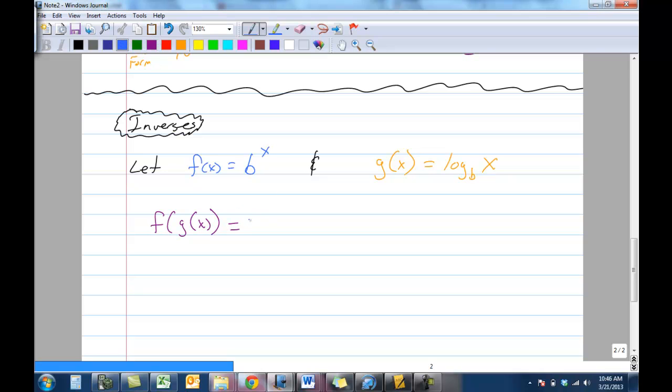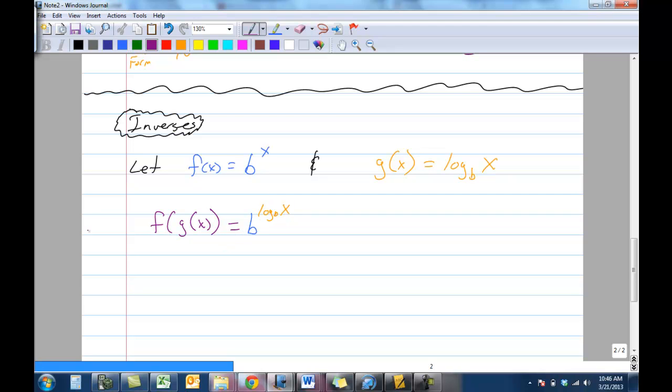What would f of g of x be here? Well, f is running the show, so that means it's b to the x power. So we're going to change our x. What's going to be the exponent here? The exponent is going to be log base b of x. Okay, Smith, I'm with you so far. I just plug in g of x for x. That's not a big deal. But here's what's up, y'all. A base b raised to a log base b power are inverses of each other.